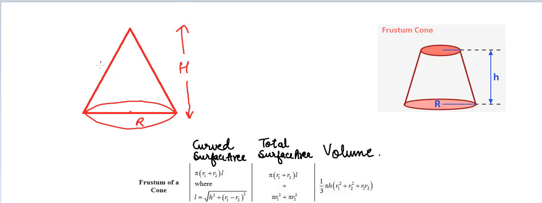In this video we are having a cone. Capital H is the height of the cone and R is the radius of the cone, right? Now if I cut this cone from here, this part will be removed.